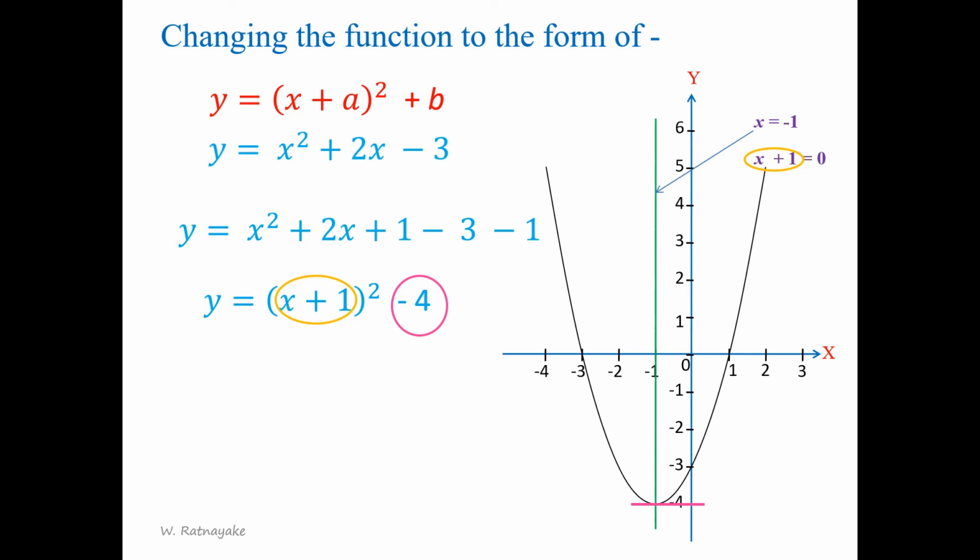So if you can convert the equation of the graph given in the form of a quadratic expression to the form of square of a binomial and constant, the square of the binomial part gives the equation of the line of symmetry, and the constant gives the minimum value or maximum value.